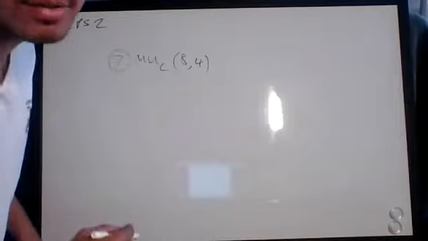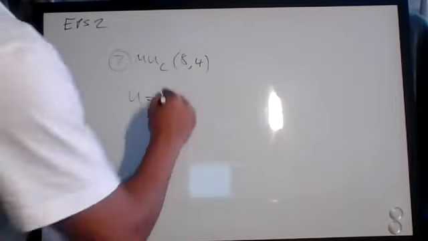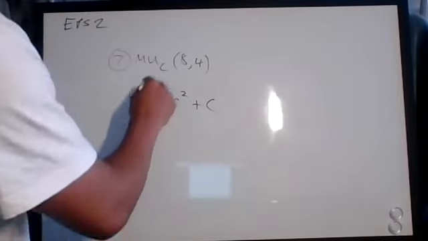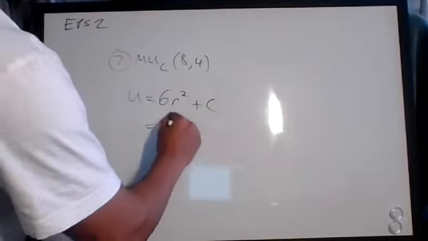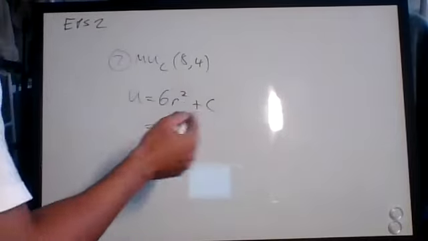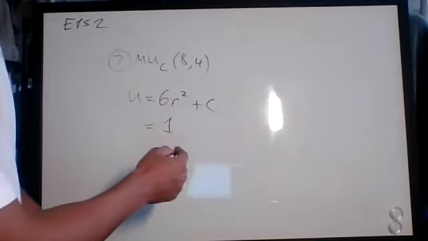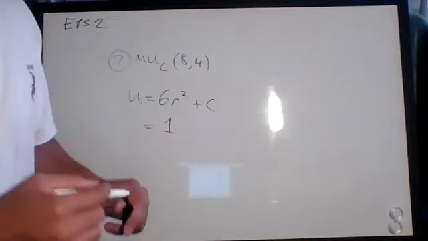We first have to look at utility, and utility is equal to 6R squared plus C. If I take the marginal utility with respect to chicken, I'm just going to get 1. Notice my marginal utility is only 1, and there are no variables in there.